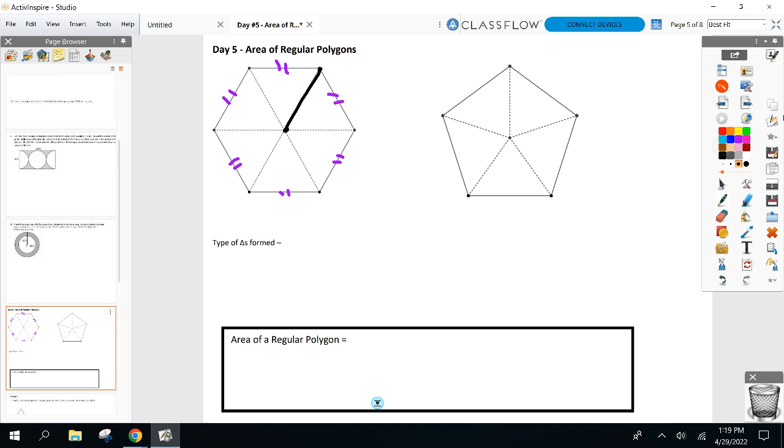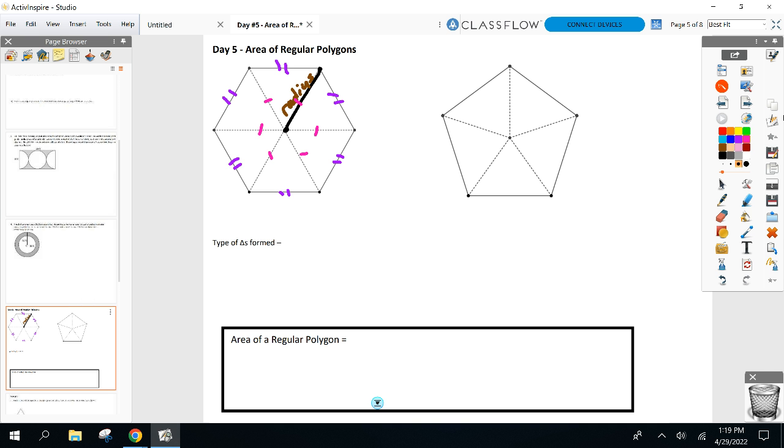And just like a circle, what do you think I know about all those radii? They're all congruent. Correct. I hate writing sideways. Radius, and they're all congruent to each other.